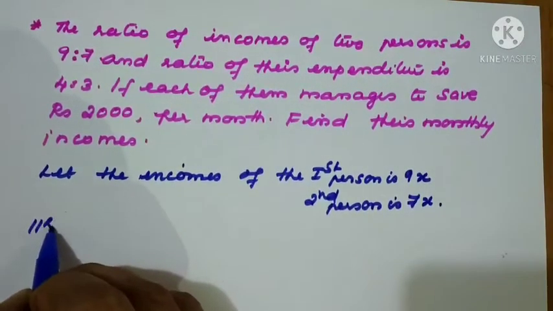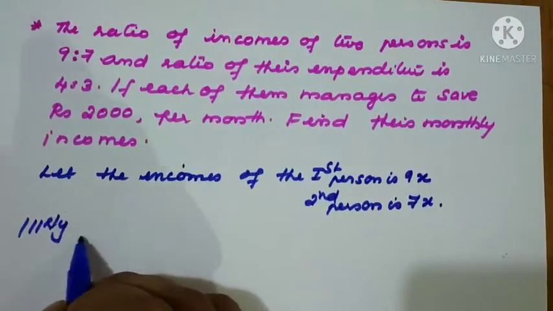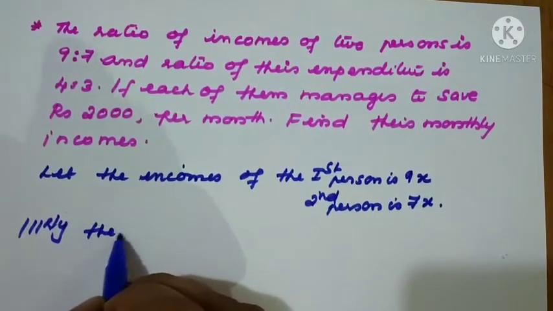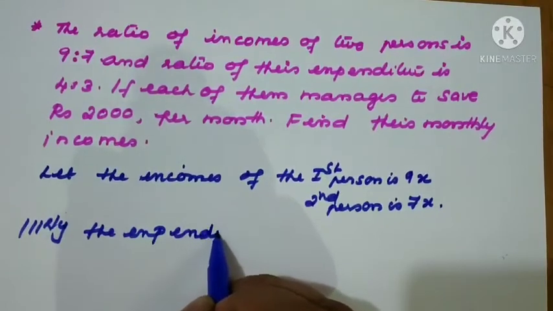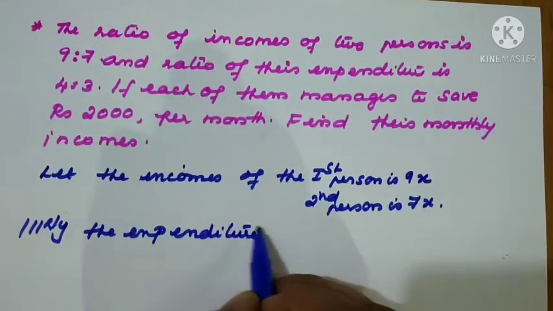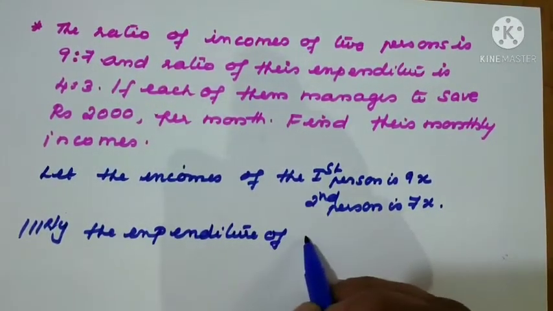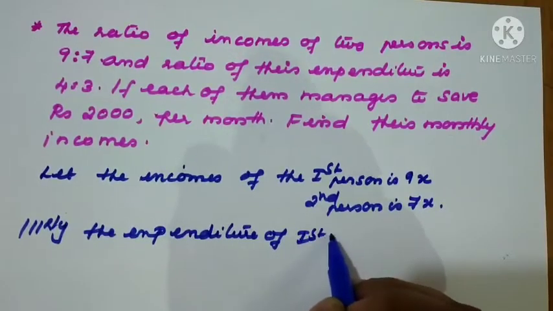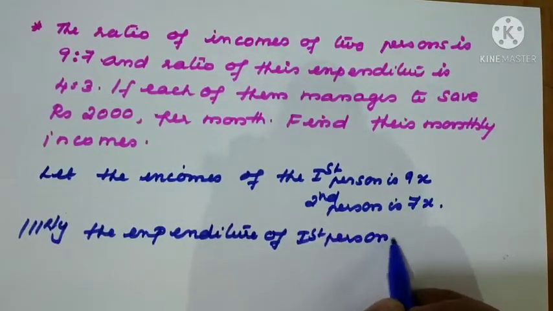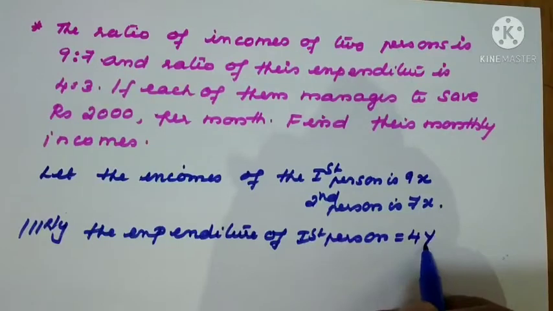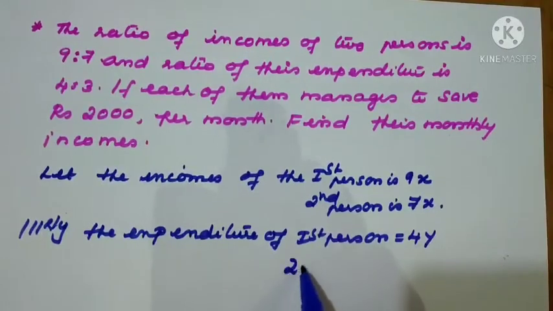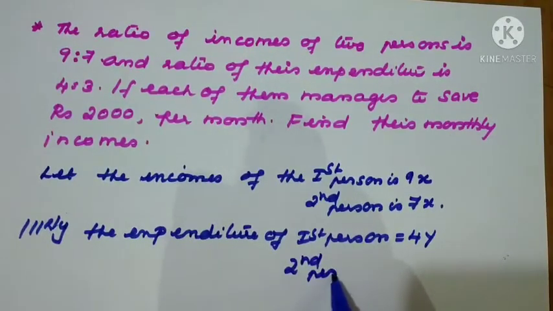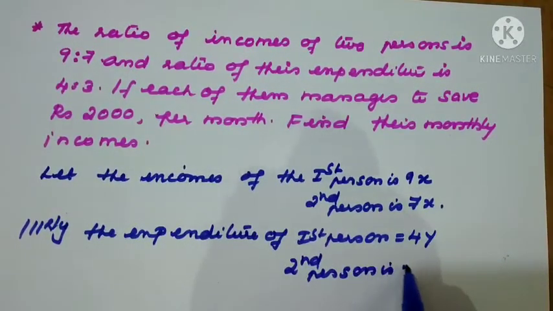Similarly, the expenditure of the first person is 4y. This time we should take y and not x because it is another case only. So 4y. Now the second person is 3y.